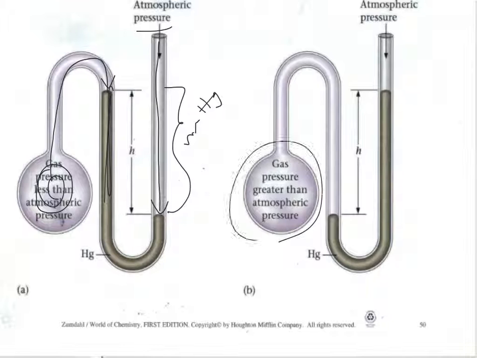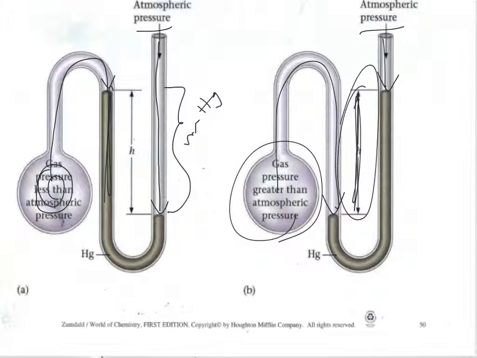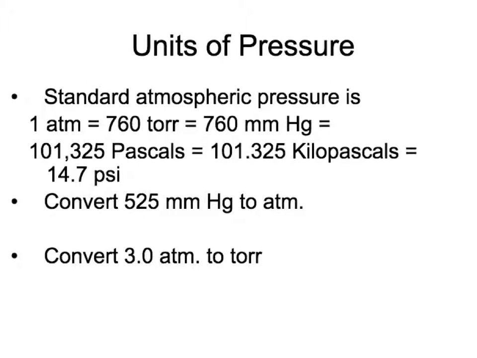Conversely, if we had a gas pushing down here, and the atmosphere is pushing down here, the gas is kind of winning by this much. So we take the atmospheric pressure, add this height to it, and that would be the pressure of the gas in the barometer. That was actually called a manometer.